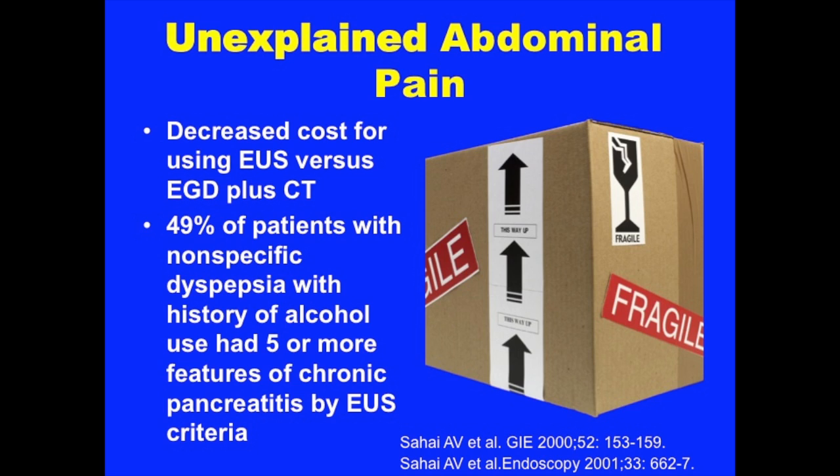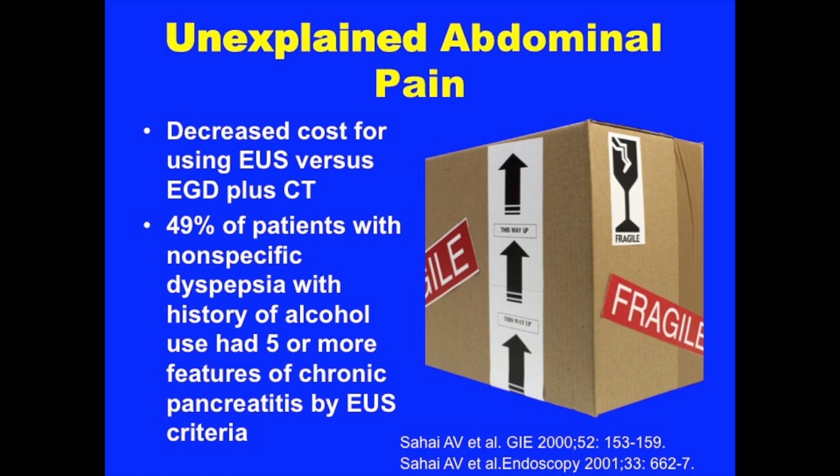What people don't pay attention to is that this was a highly select group. This is not your person that you think probably has functional bowel pain, but you're going to send them for an EUS just to see. If you do that, you fall under the old axiom of a poorly indicated test is always positive. So you're going to come out with indeterminate criteria often in those patients.